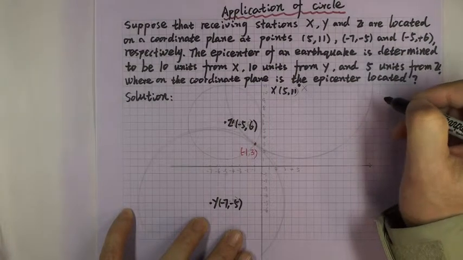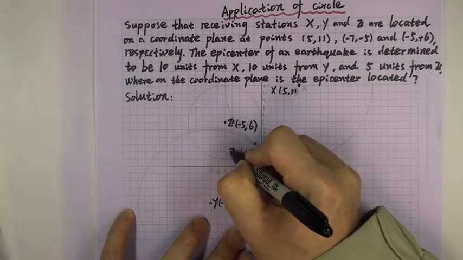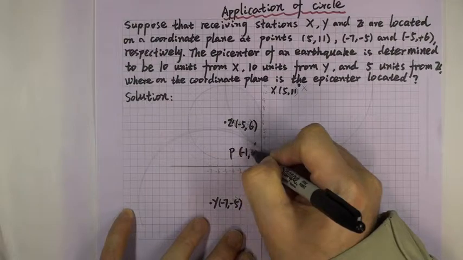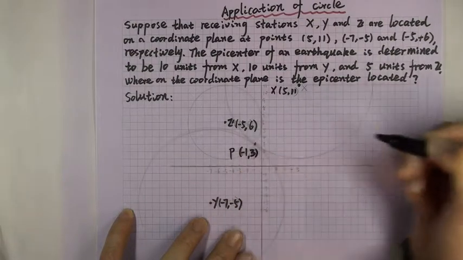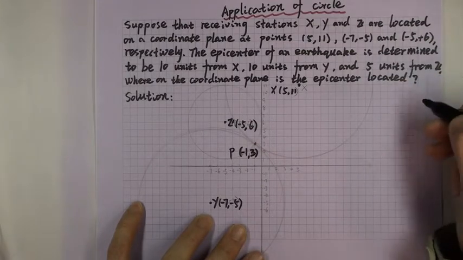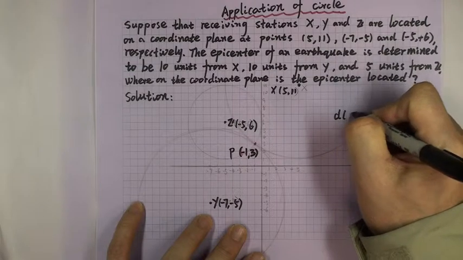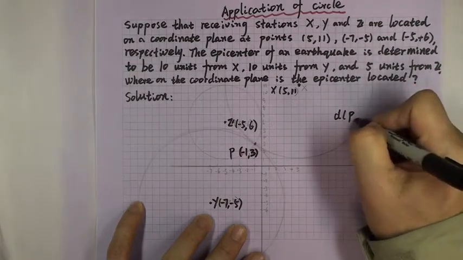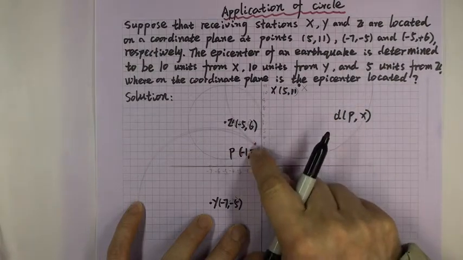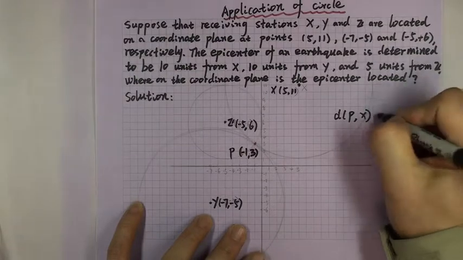Let's put P right here, all right? P is (-1, 3). To check if this is going to be the solution, the distance between P and X, how are we going to calculate?